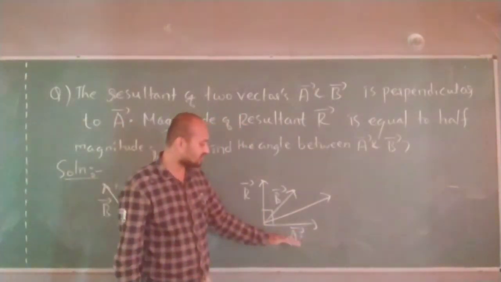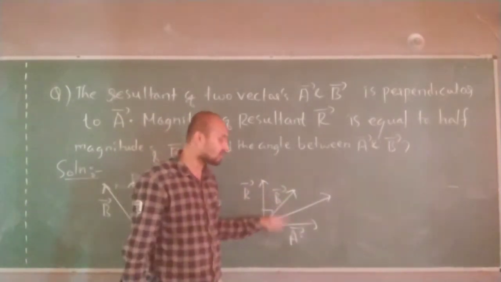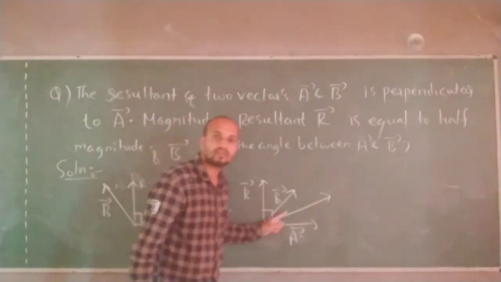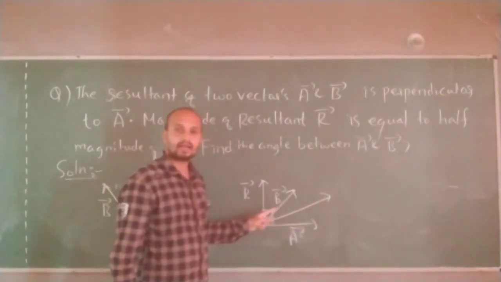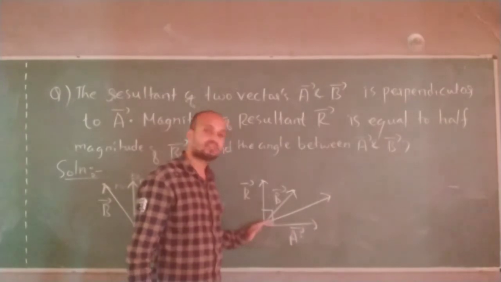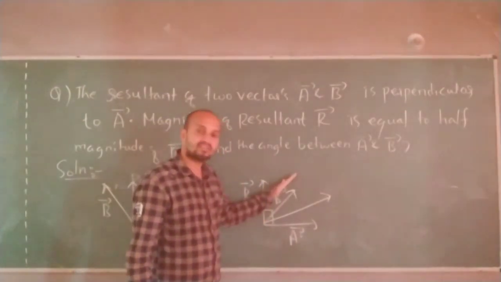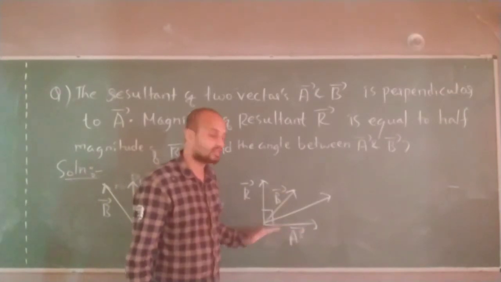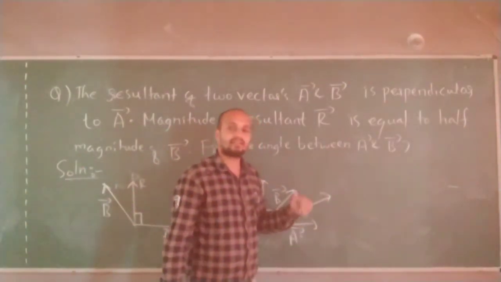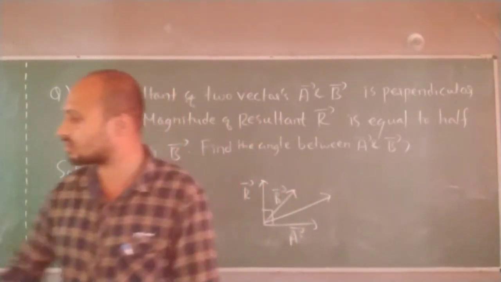If one body's velocity is like this and another's is like this, and both velocities act on a body, the resultant velocity will be like this. If one is moving like this, and the same body tries to move like this, if both are acting on the same body, he will neither go in this direction nor in this direction. He will travel in this direction. That is the resultant. But I am talking in terms of mathematics.